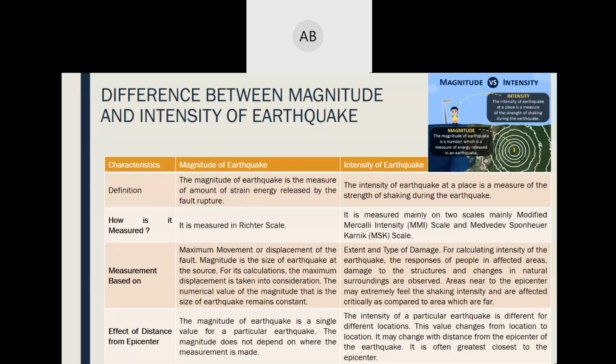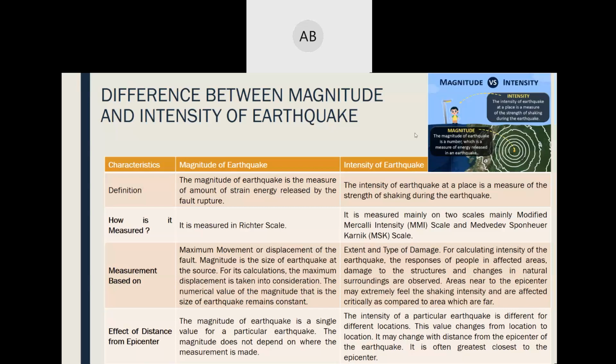So we measure it in that term, and it has nothing to do with whether you are near the epicenter or far away from the epicenter. That is an absolute quantitative measurement of an earthquake, and it is also an indication of whether the earthquake is small or really big.